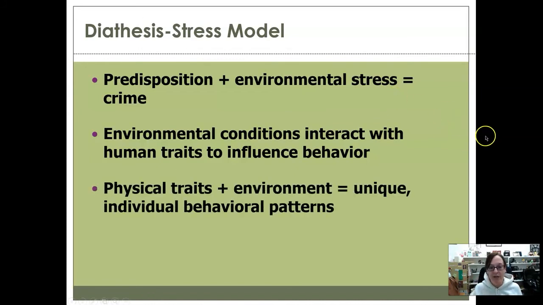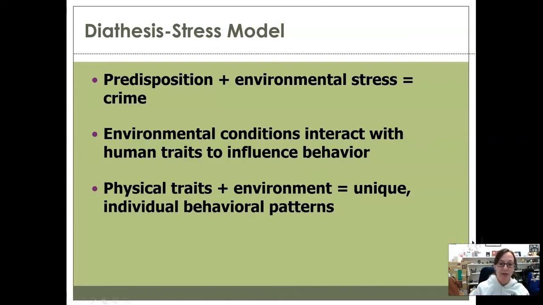So it's that combination. Physical traits and the environment together create a very unique individual behavioral pattern, because each offender is unique physically and mentally, but they also have very unique environmental stressors and conditions, and their experiences and their learning and everything like that incorporates into that.